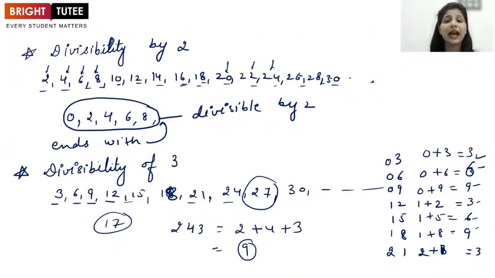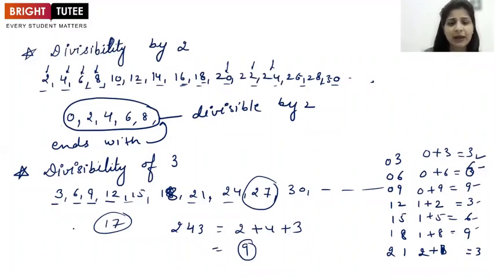So if the addition of all the digits of that number gives you a multiple of 3, then we say it is divisible by 3. Clear? So for the divisibility test of 3, add the digits of that number. If the addition comes out to be a multiple of 3, you say that complete number, whatever the bigger number is, is going to be divisible by 3.